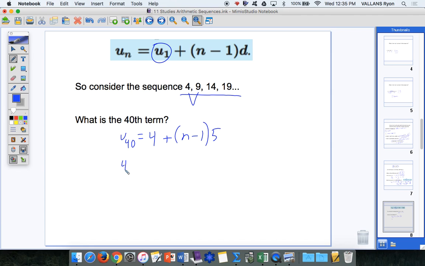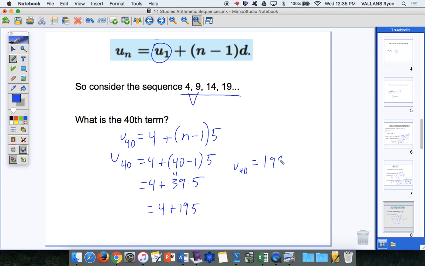So, U subscript 40 equals 4 plus 40 minus 1 times 5. Let's see if I can do this one a little bit better. 39 times 5. So I end up with 195 plus 4. So the value of the 40th term is 199.